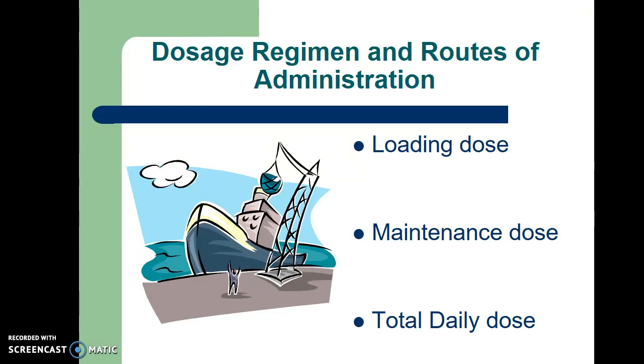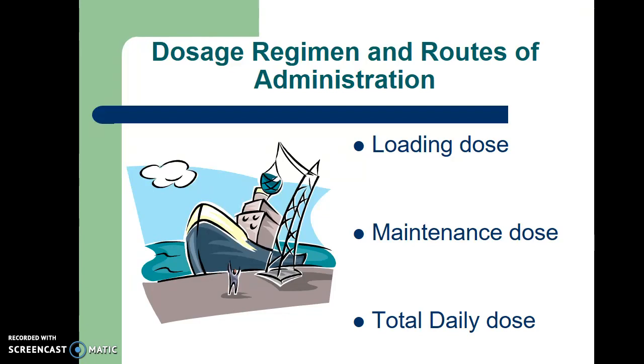So something that we think about when we administer drugs is the dosage regimen, as well as the routes of administration, how we're actually giving it. For some drugs, it's appropriate to give what's called a loading dose. The loading dose is usually simply give 2 capsules in the first dose, and then 1 capsule twice a day thereafter.